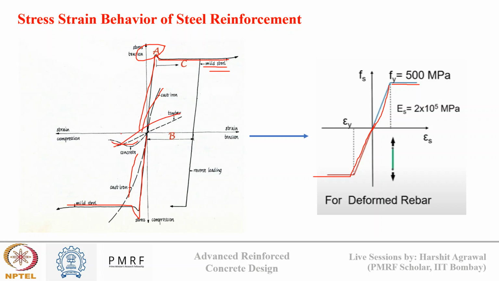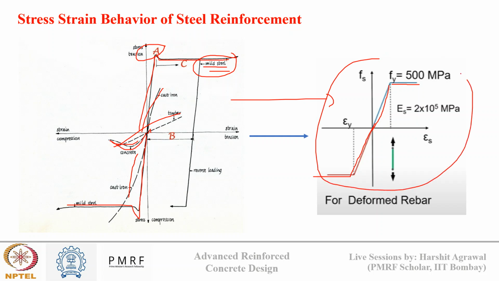For concrete, in the compression zone it shows good behavior, while in tension it shows a very small stress versus strain relation. The second figure is just a simplified version of the steel stress versus strain response that we are using for our session.